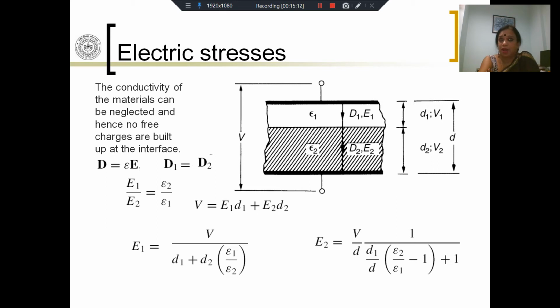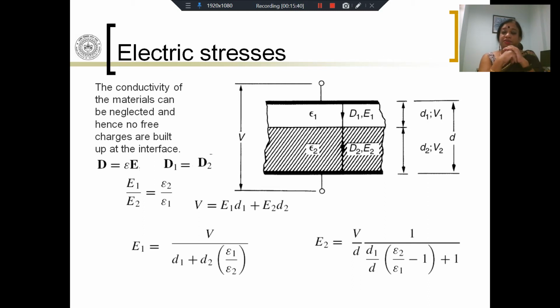And that is why whenever we use a solid dielectric and we use a metal contact, we make sure either that there is perfect bonding. So you have to do some bonding, let's say you put some epoxy so that it perfectly bonds with the material. So there has to be proper adhesion. Or you put a very high pressure. You can put very high pressure on top of the electrode so that the gap is reduced.